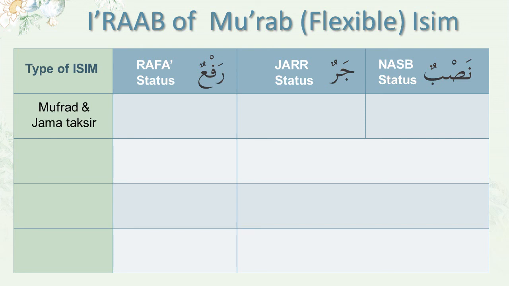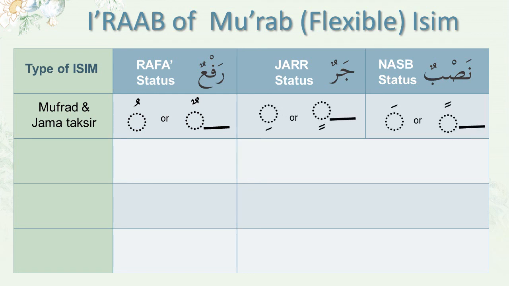Isim mufrad or singular isim and jamak taksir share the same i'rab signs. If they end with dhamma, they're rafa. If they end with kasrah, they are jar. And if the final letter's case marker is fathah, they're nasab.